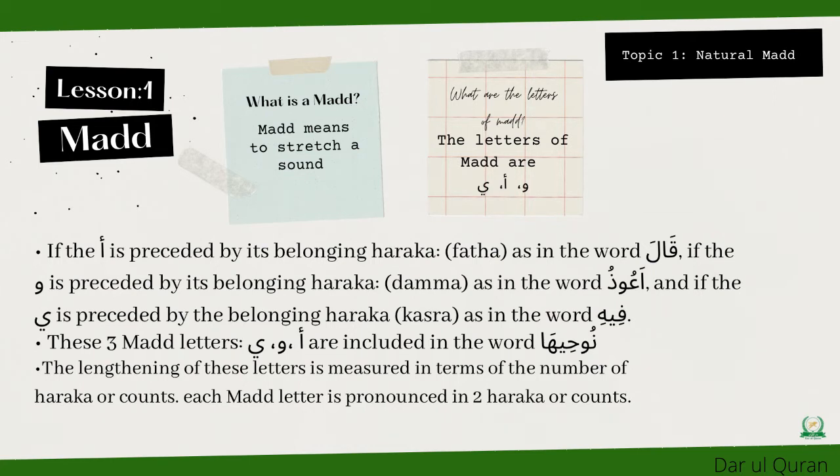So the qaf has a vowel sign on its top, which is the fatha, and beside the qaf we have the letter alif, and alif is a mad letter. So we are supposed to stretch the letters for 2 counts, such as qala, just 2 counts, which will probably take 2 seconds.